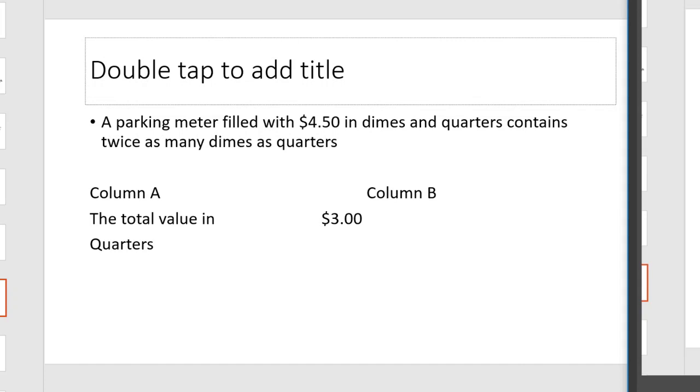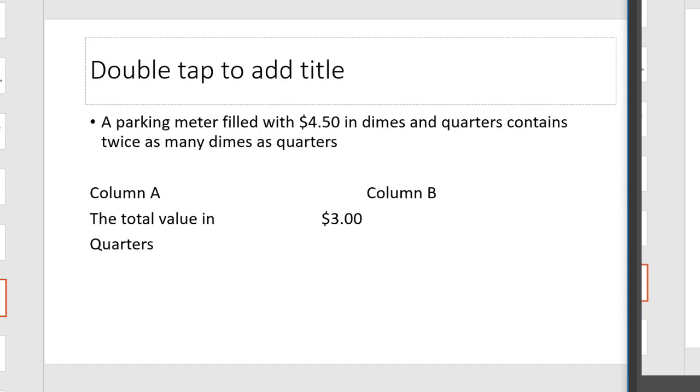We don't know that value. And then we have plus 0.1 times the number of dimes is going to equal $4.50.